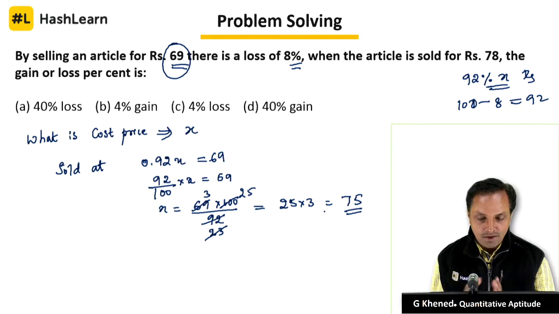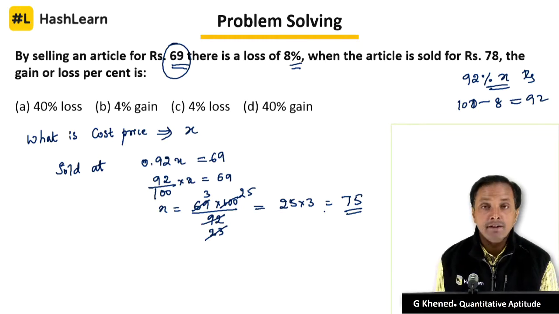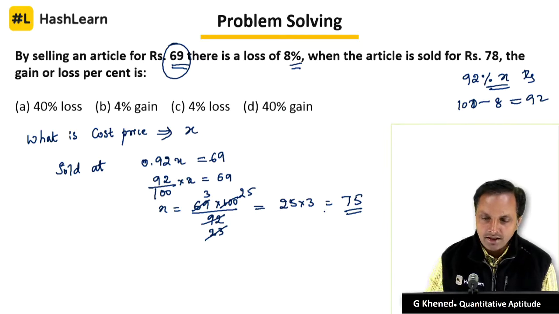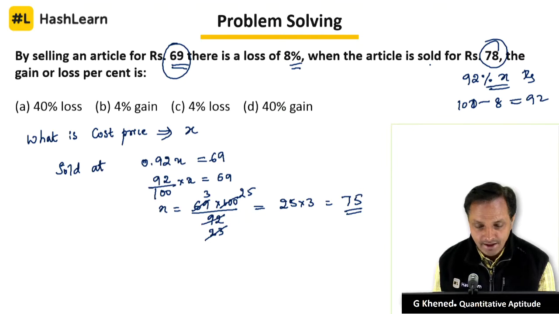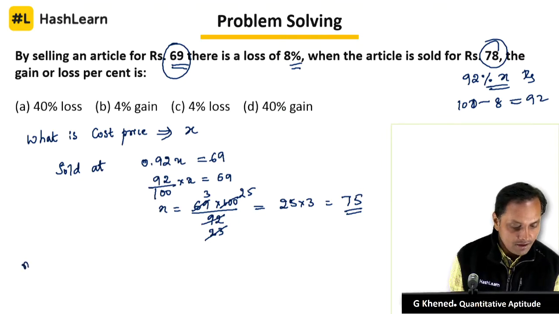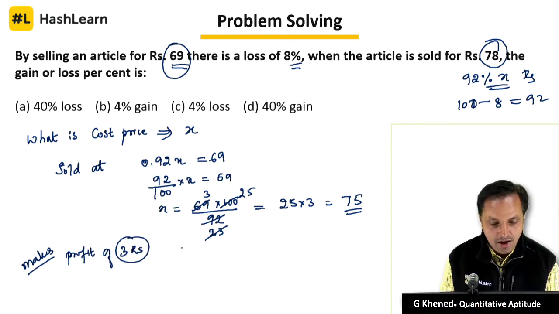So he is selling at 69 at a loss of 8%, which means he actually purchased at 75 rupees. Then the question is, he is selling at 78 rupees. When he sells the product at 78 rupees, he is making a profit of 3 rupees.